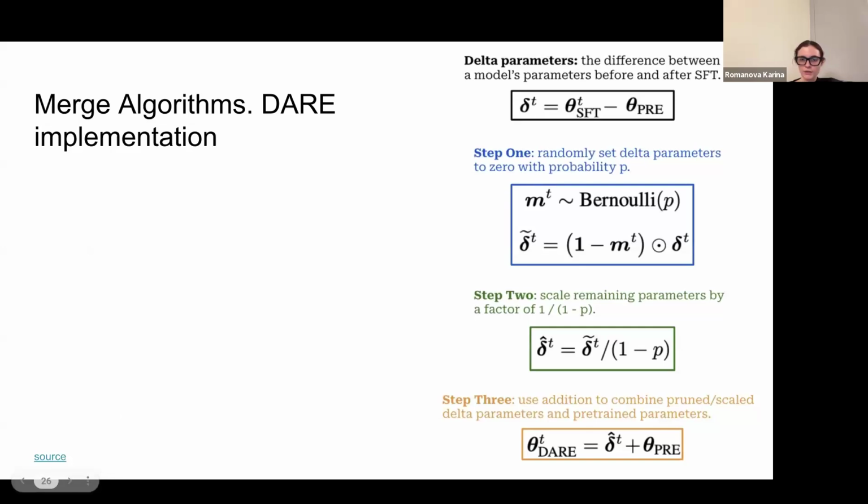The implementation is based on the principle that not all parameters changed during fine-tuning are equally important. By randomly dropping a subset of delta parameters and rescaling the rest, it effectively reduces the complexity of the merged model while preserving its performance. This method aligns with concepts in stochastic pruning and parameter averaging, offering a practical approach to model merging without the need for extensive computational resources.